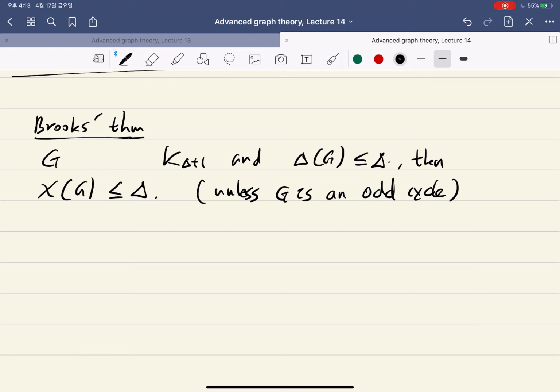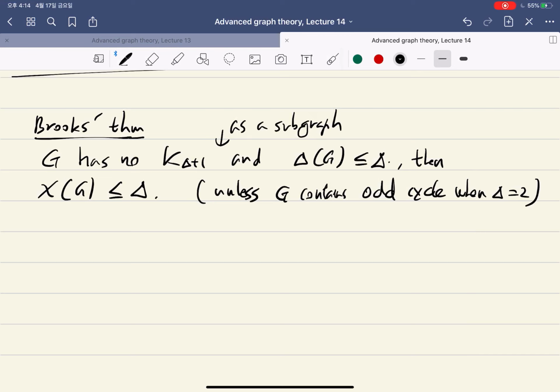For non-connected ones, we can just say if G has no K sub delta plus 1 as a subgraph, so this is the correct statement.